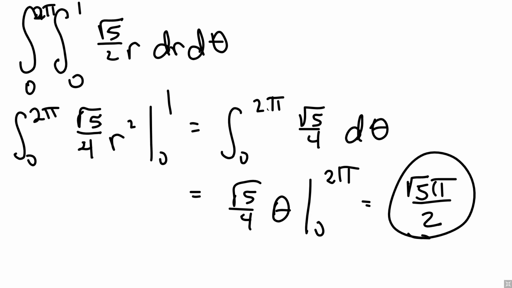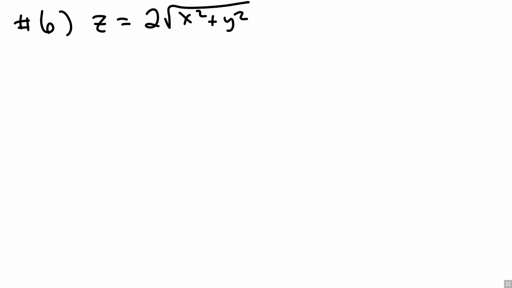Okay, so let's look at number 6. So we're doing the portion of the cone. We have that z is equal to 2 times the square root of x squared plus y squared, and z is between z equals 2 and z equals 6.